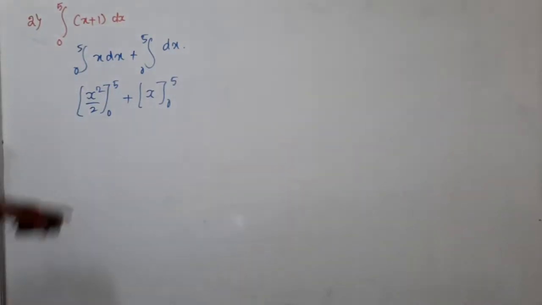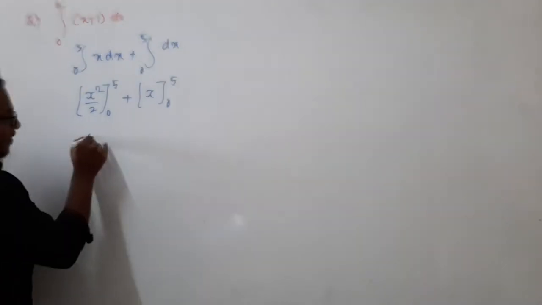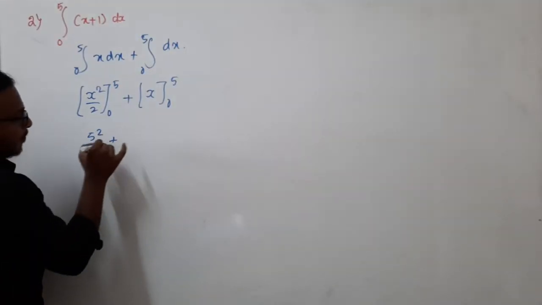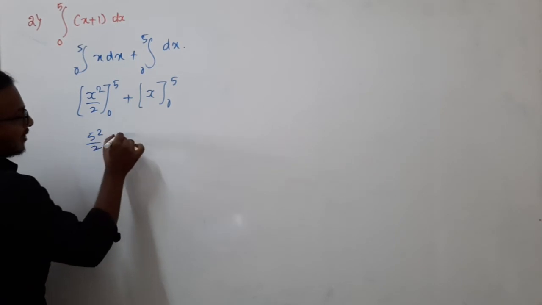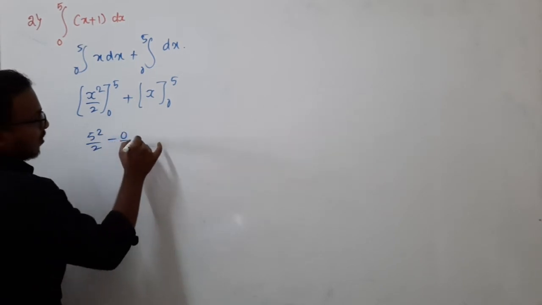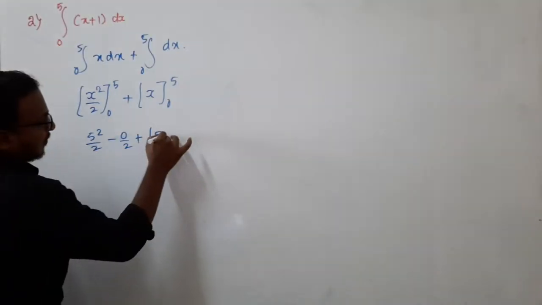Now in place of x we substitute the upper limit and lower limit: 5 square by 2 minus 0 by 2 plus 5 minus 0.